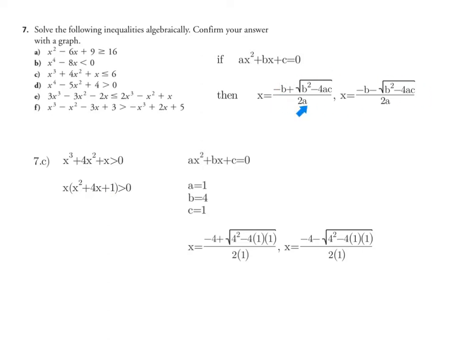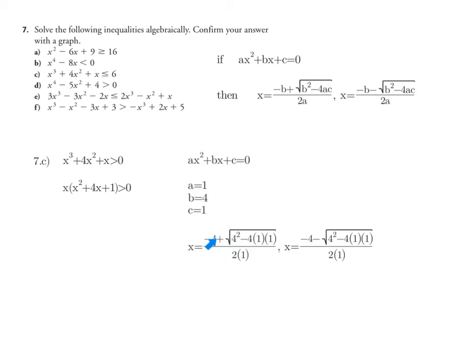So I know that a is 1 in this situation. This is 1x squared plus 4x plus 1. So a is 1, b is 4, and c is 1, which means the equations will be x equals negative b, so negative 4, plus or minus.